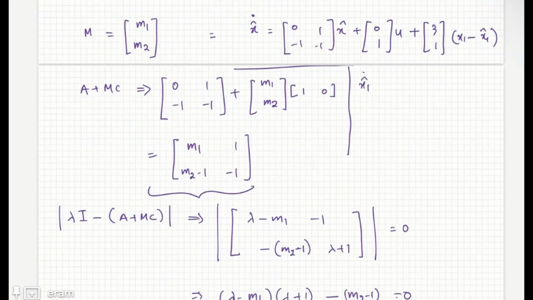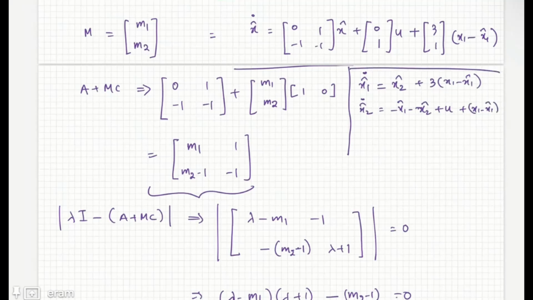So we can write each equation as x1 hat dot equals x2 hat plus 3 times (x1 minus x1 hat), and x2 hat dot equals minus x1 hat minus x2 hat plus u and plus (x1 minus x1 hat). So this is the equation for our estimator or observer.